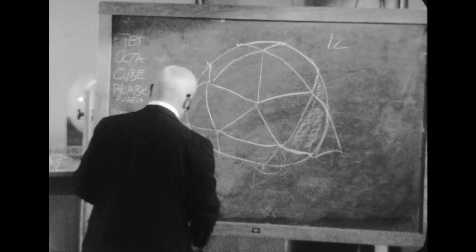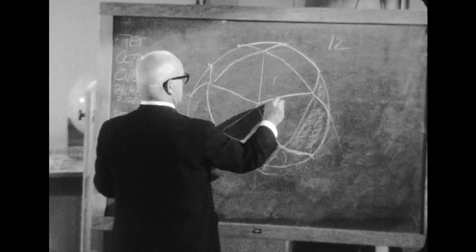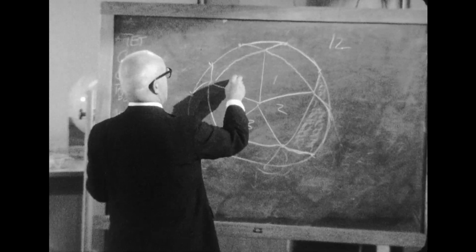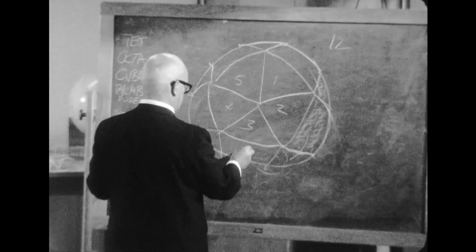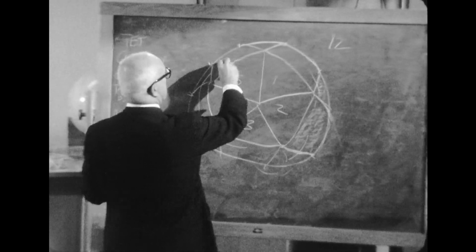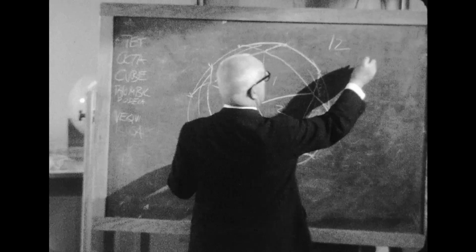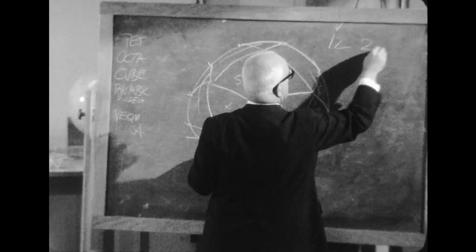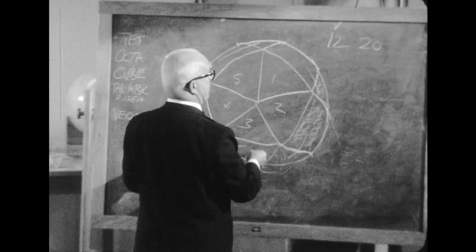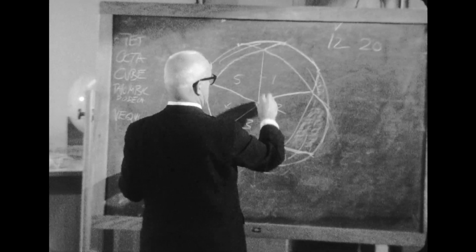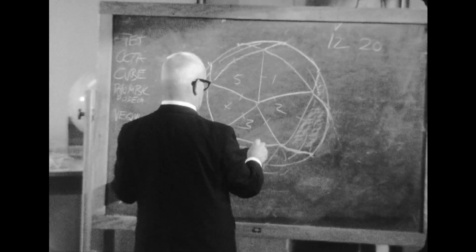So we see in this hemisphere 1, 2, 3, 4, 5, 6, 7, 8, 9, 10. There are 10 triangles in this hemisphere, 10 in the other, 20 triangles altogether. So there are 20 faces, and there are 30 edges, plus 2. 1 edge, 2, 3, 4, 5, 6, 7, 8, 9, 10.